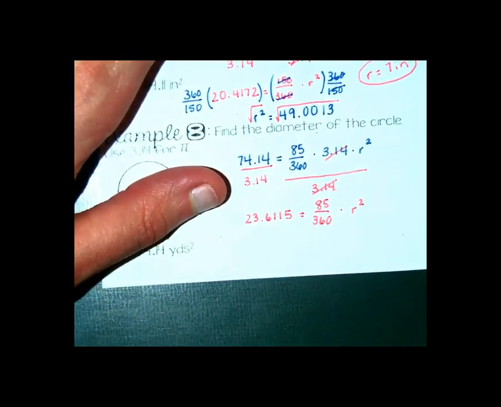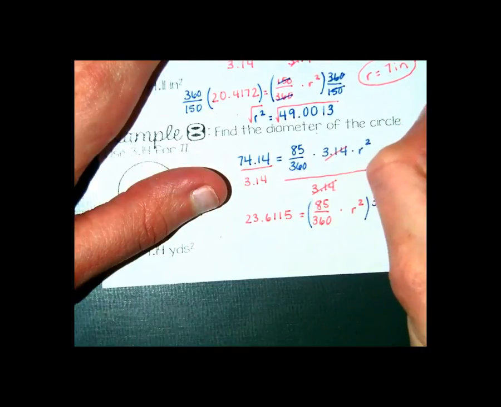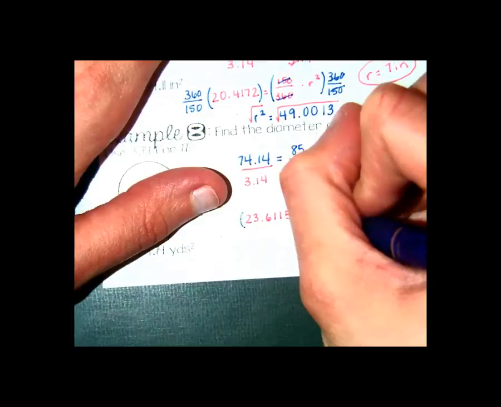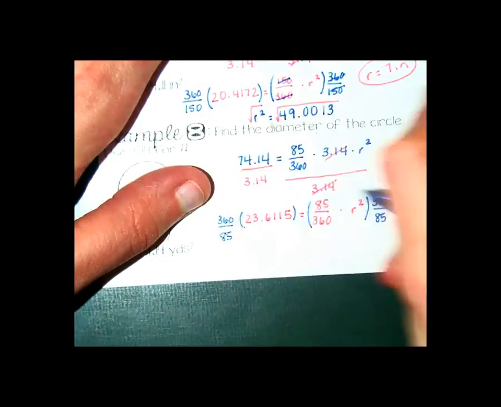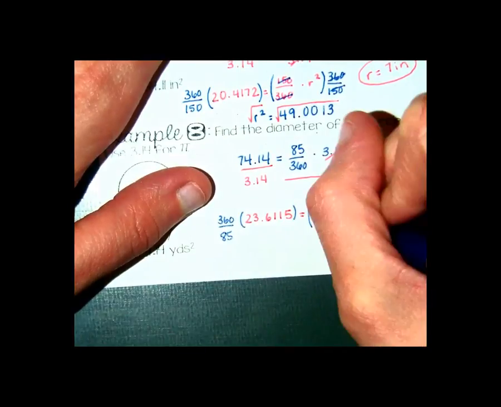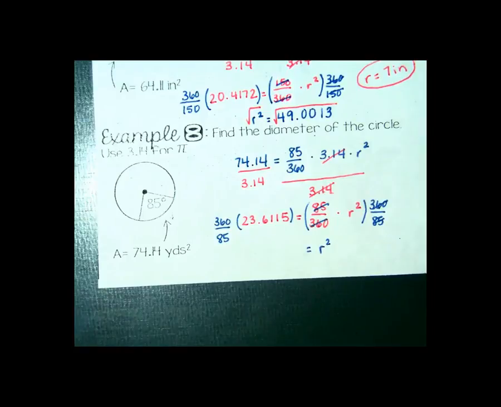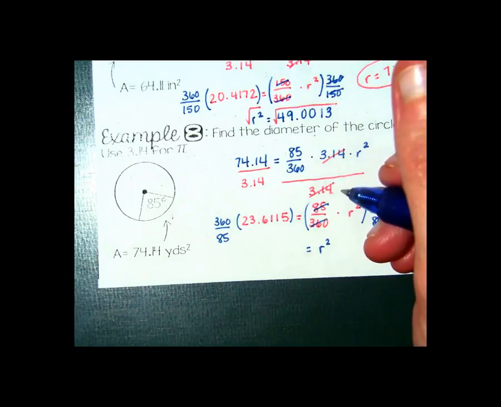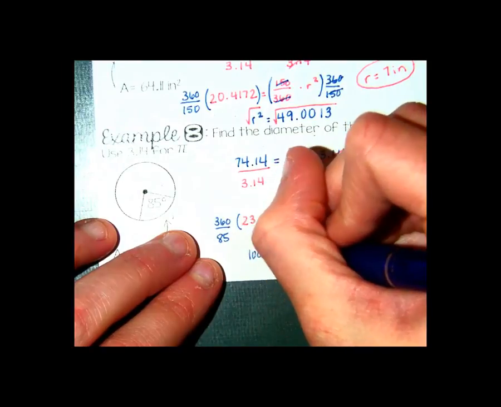Okay, then what? Either divide by 85 over 360, your calculator will do that for you, or you're multiplying by the reciprocal. Which gives you r squared equals, it's what? 0.001.